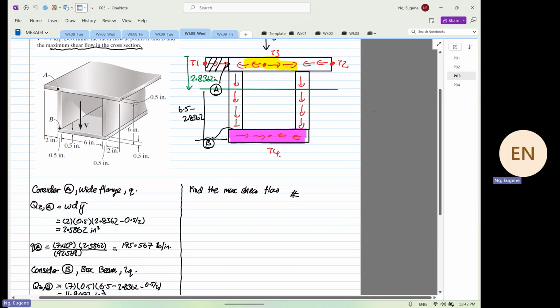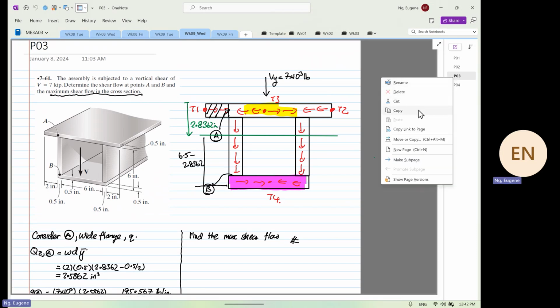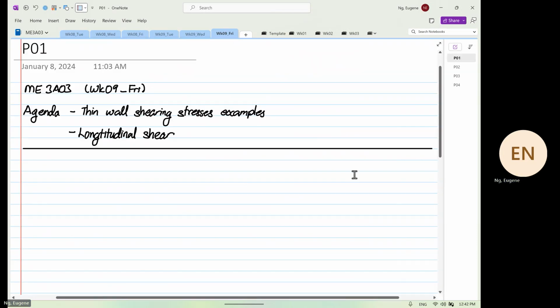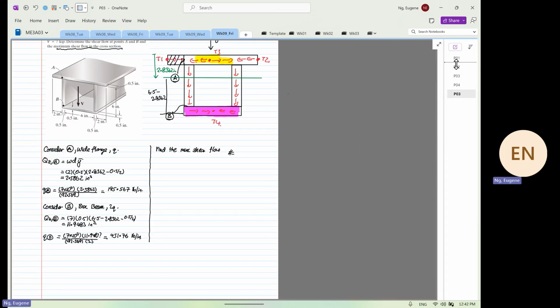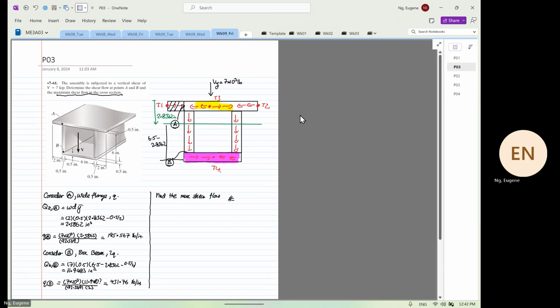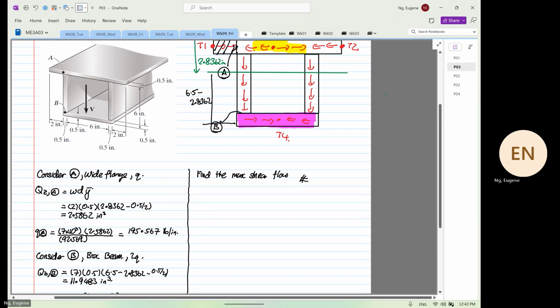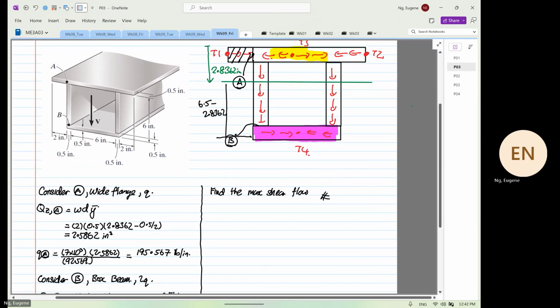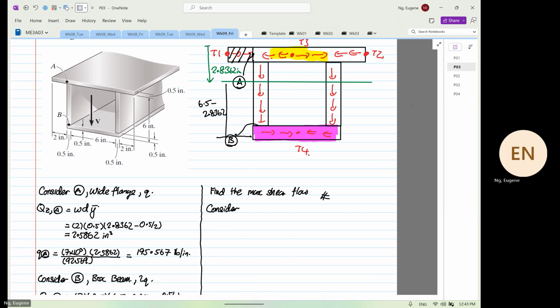I'll do a copy for this page, and I'll come here and paste. This is on today's notes. So we are going to consider the bottom region of the centroid.